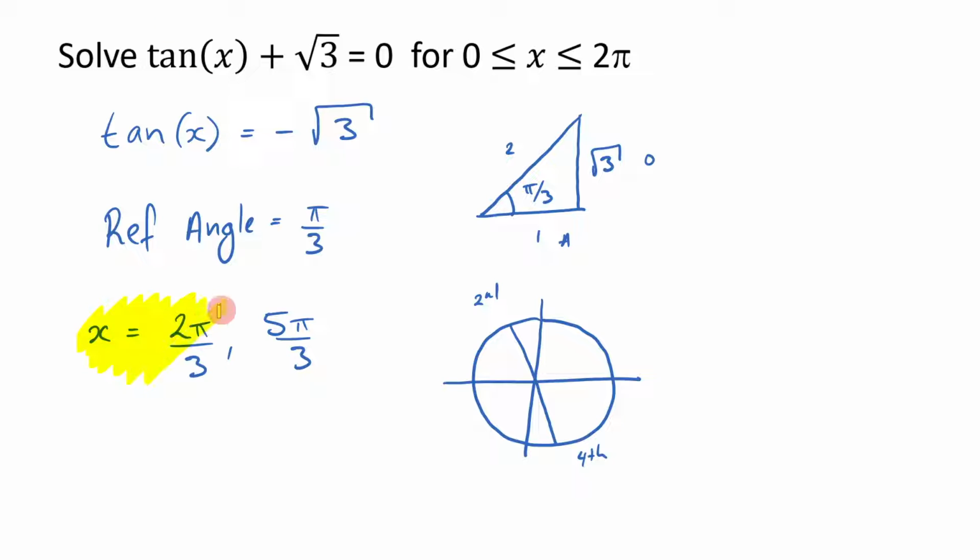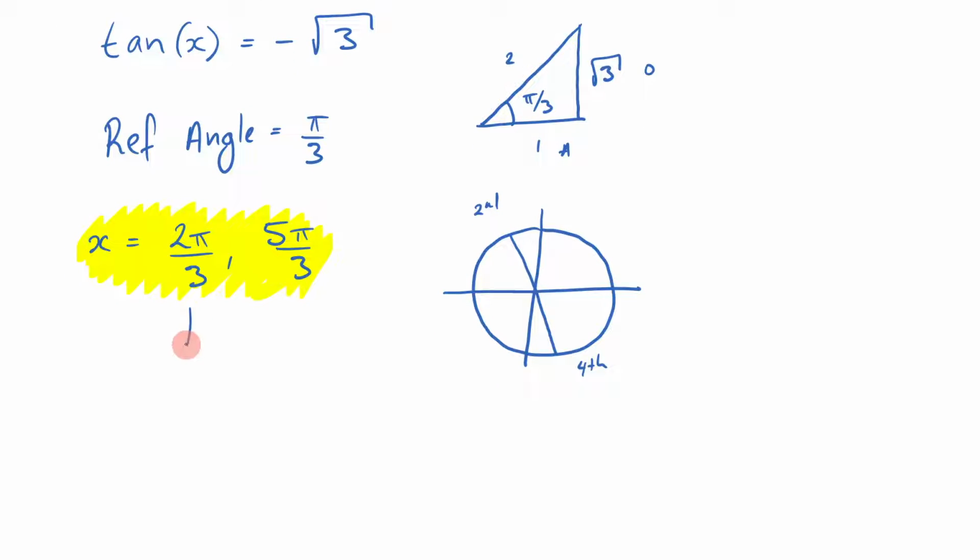Now, you can see how helpful it is just knowing what the angles are going to be in each quadrant based on what your reference angle is, and that's just done by memorizing. But if you have not yet memorized them, you can still remember that, in your second quadrant, it's pi minus whatever the angle is. So in this case, pi on 3. So this would be 3 pi on 3 minus pi on 3, and that's 2 pi on 3.